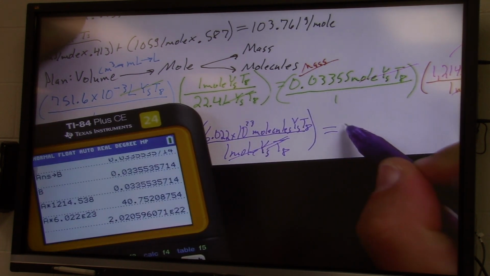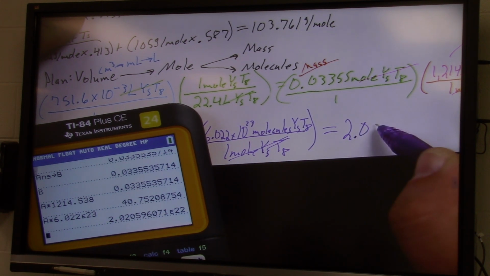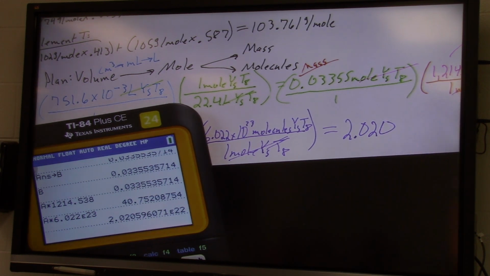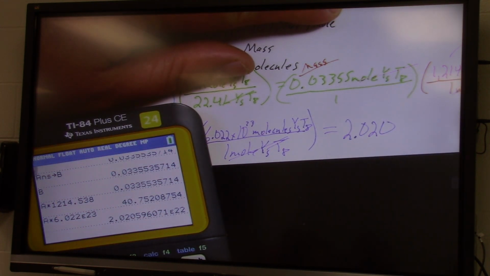That gives me 2.02. It's gonna be a 1 now. Didn't realize there's a 9. It wouldn't be 1. Just 2.02.